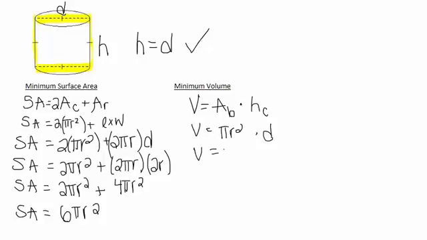Now we know that diameter is also equal to 2 times the radius, so it's in our best interest to change it to that because this part of the formula is already in terms of r's, so we can actually combine these together and only have one variable. Finally, let's combine these together and we get 2 pi r cubed. So we have finally derived the optimal equations for the surface area and volume of a cylinder.